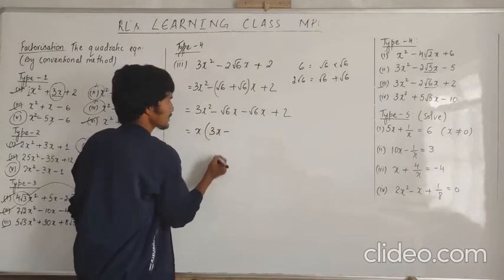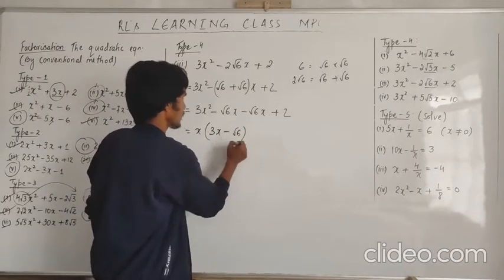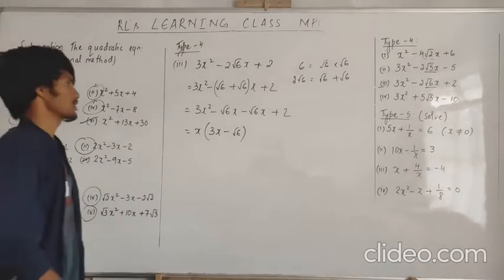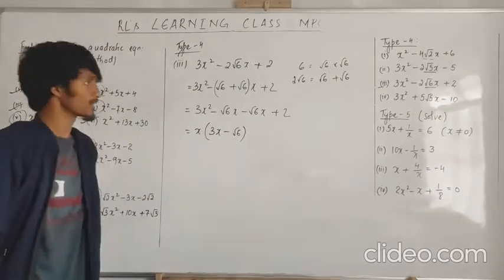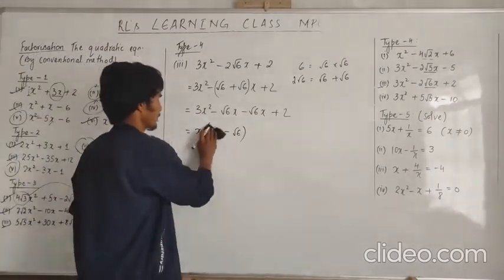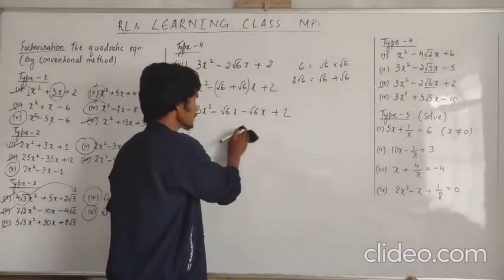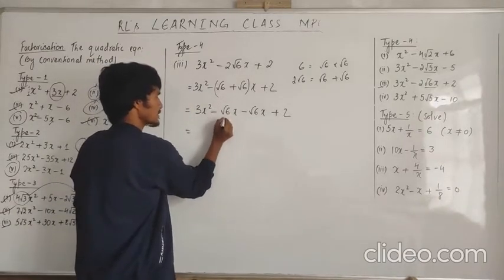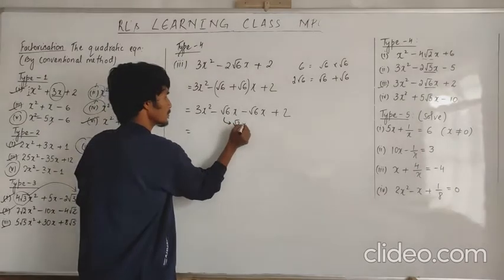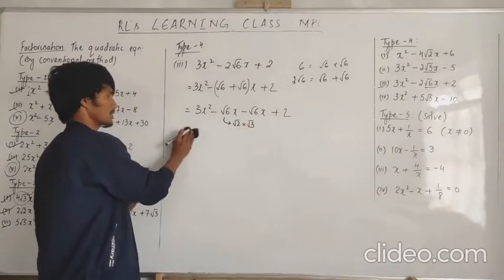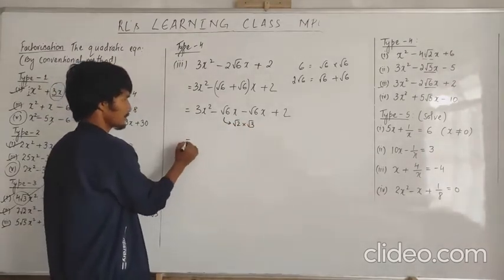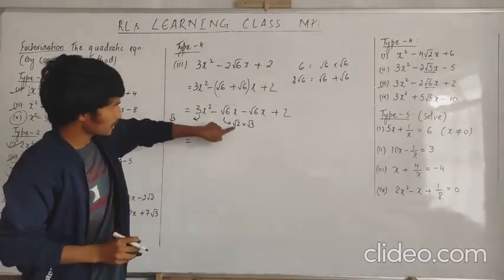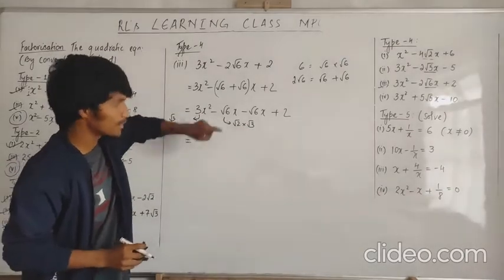Then 3x, then root 6. Or should I split it? Okay, it is better to split, I guess. Now this root 6 I can write as root 2 into root 3, because 2 into 3 is 6.